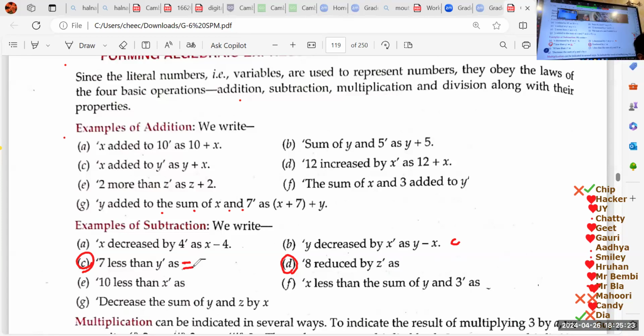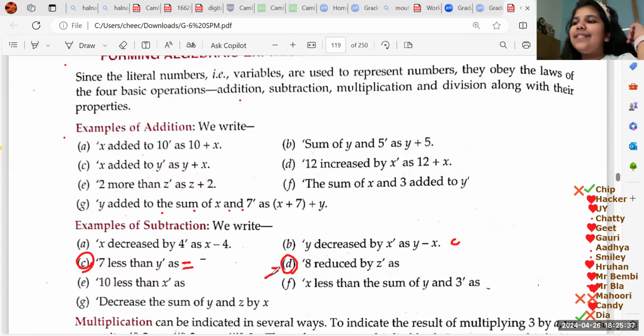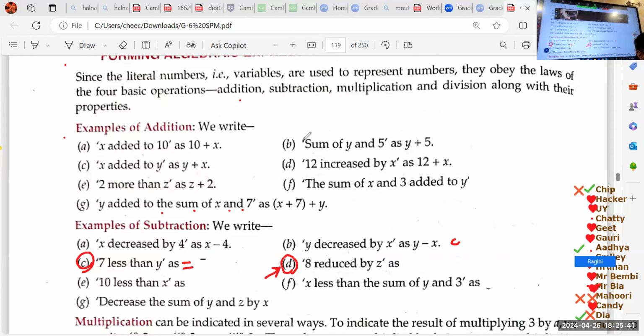Smiley, what is the answer for the C part? Sir, I sent her. You sent. So, Miss Smiley. Where is Smiley?